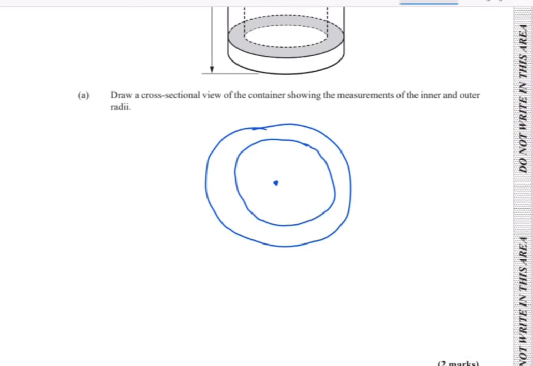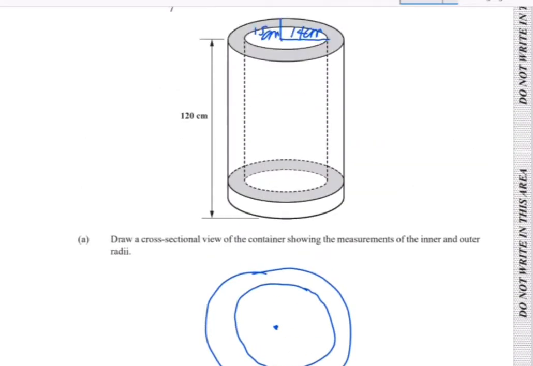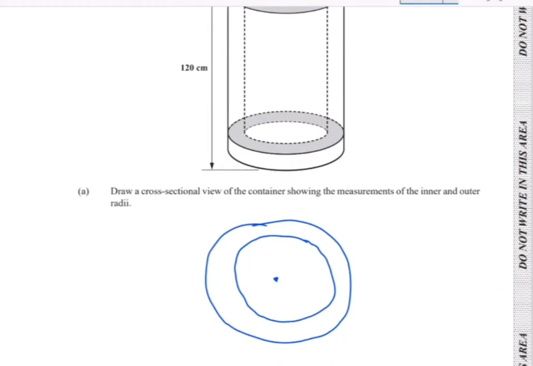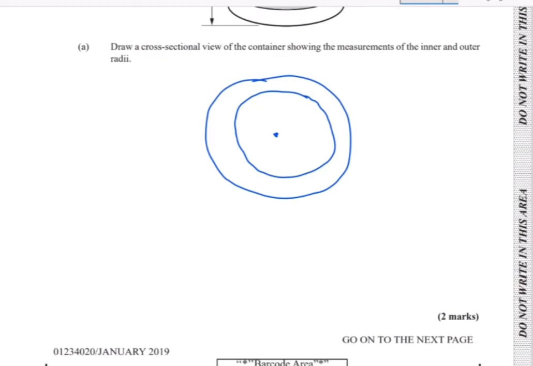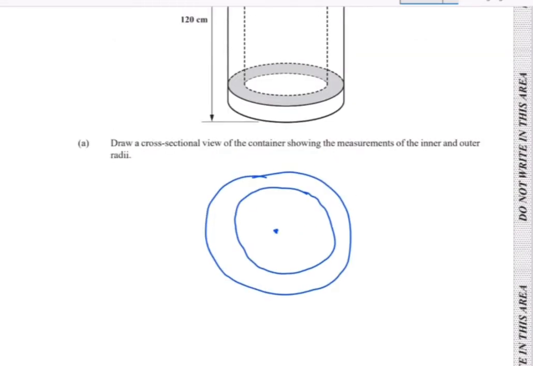Maybe what you could do is measure 14 centimeters, draw a circle of 14, and then draw another circle of 15 centimeters. They say draw a cross section. You don't necessarily have to draw it to scale, but you're going to put in your measurements, and you need it to be a proper circle, right?